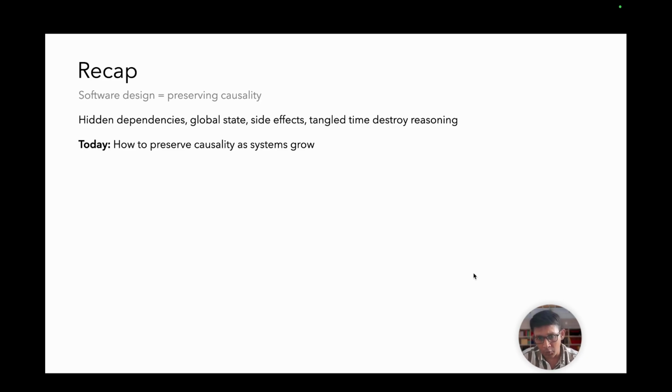They force us to hold more in our heads than cognitive limits allow. Today's question: how do we preserve causality as systems grow? The answer isn't in specific technologies or frameworks, it's in understanding the principles that make causality explicit and the architectural patterns that contain it.